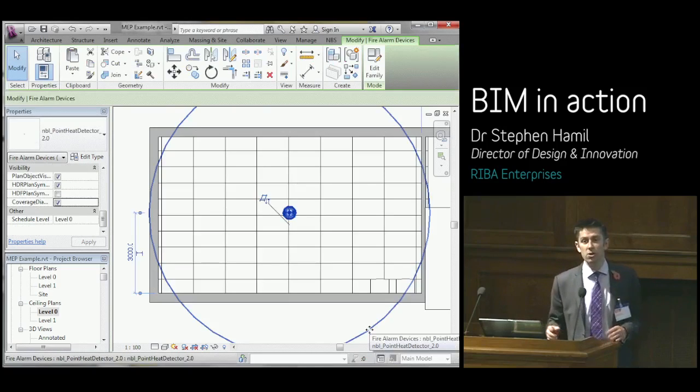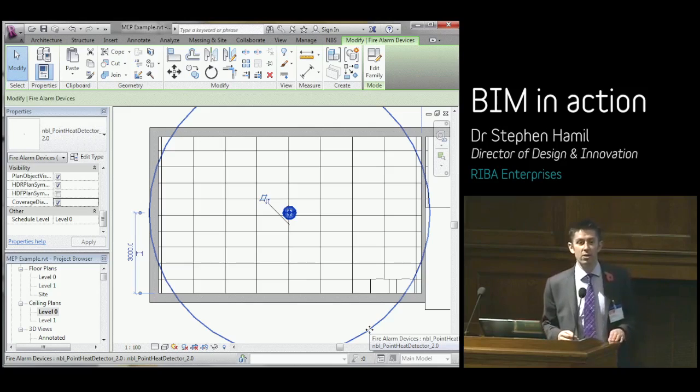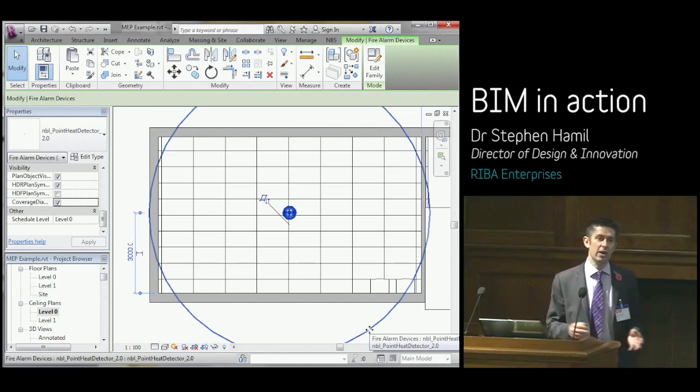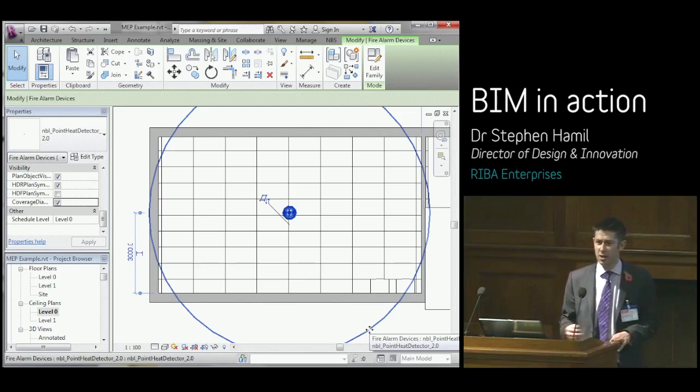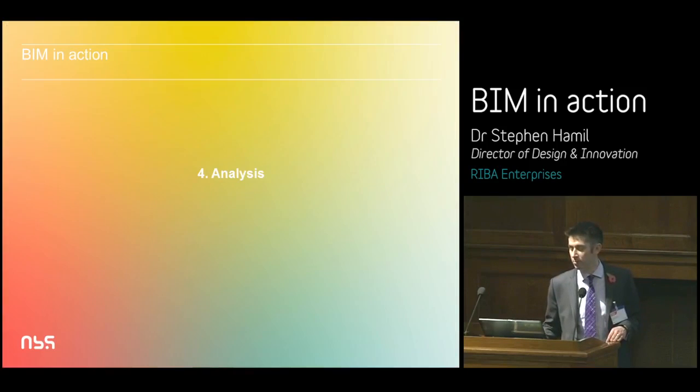And also the area around, that coverage diameter. So in the UK, British standard indicates, I think, a diameter of something like 10.6 metres. So you toggle that on, and you can see how many heat detectors you need for that particular space. And probably you need maybe two heat detectors for that plant room.